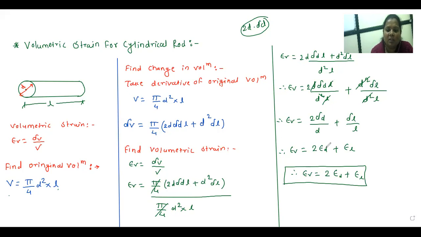Del d upon d means epsilon d, the strain along the diameter, and epsilon L means strain along the length. So finally, volumetric strain epsilon v equals 2 into epsilon d plus epsilon L.